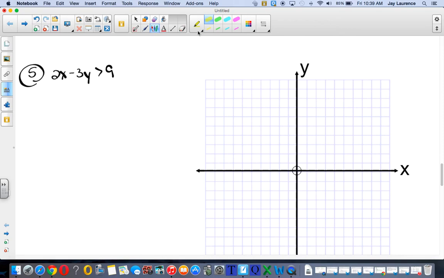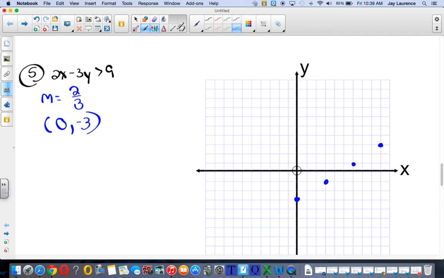Okay, I've got a standard form equation here. So I'm going to find the slope, which is going to be a positive 2/3 because a -2 over -3 is a positive 2/3. And the y-intercept looks friendlier than the x-intercept, so I'm going to find the y-intercept, which is going to be 0, -3. So go to 0, -3, rise 2, run 3.